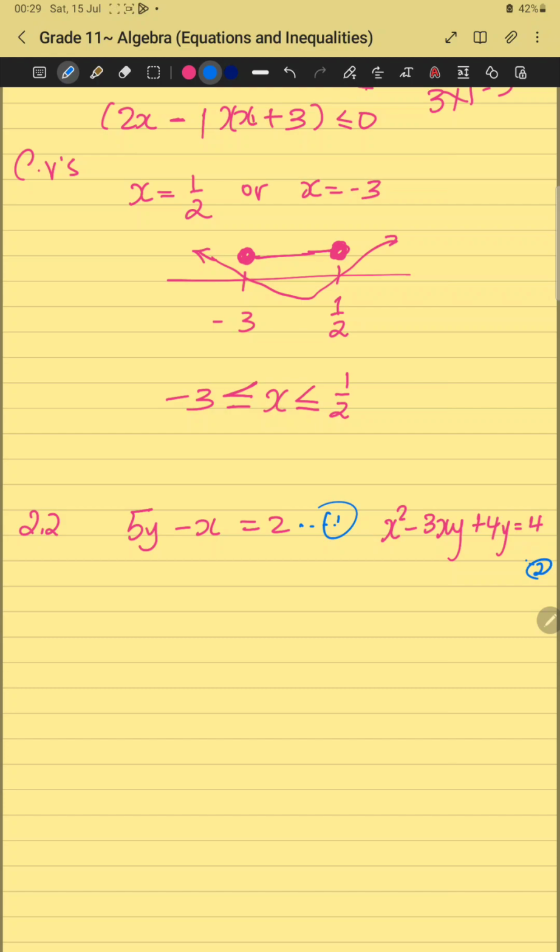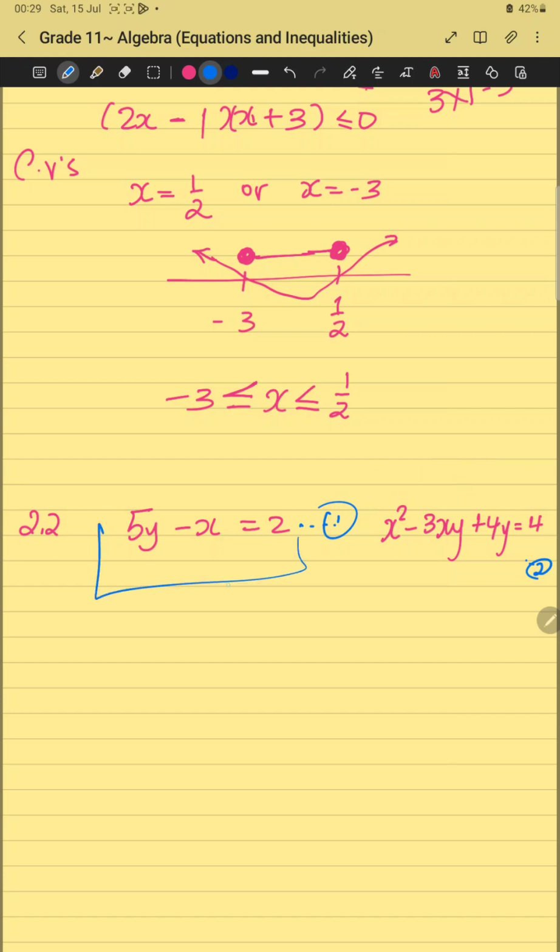And then now we have to choose one here, and then we make x or y the subject of the formula. Definitely I'm going to advise you to choose this one, because this one at least is simpler than this one. This one has a square, so maybe it's going to just complicate things. It's going to be difficult for you to make x the subject from this one.